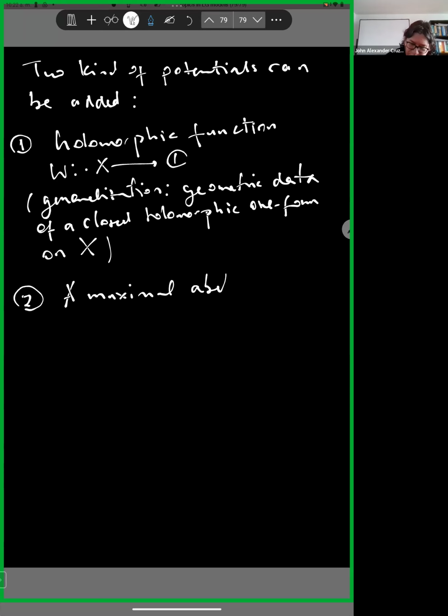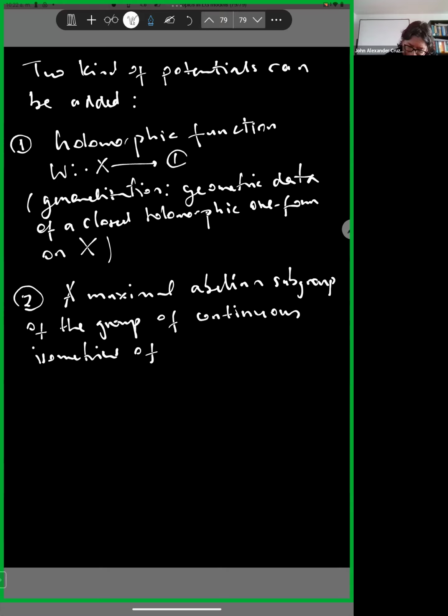Okay, let's consider a maximal abelian subgroup of the group of continuous isometries of X. We say that the rank of this group will be R. So we have some generators for the group, so the b_i will be the generators, i from 1 to R. So they are some holomorphic vector fields.